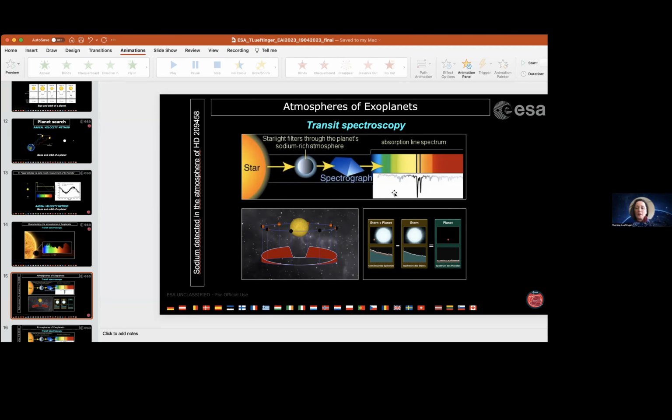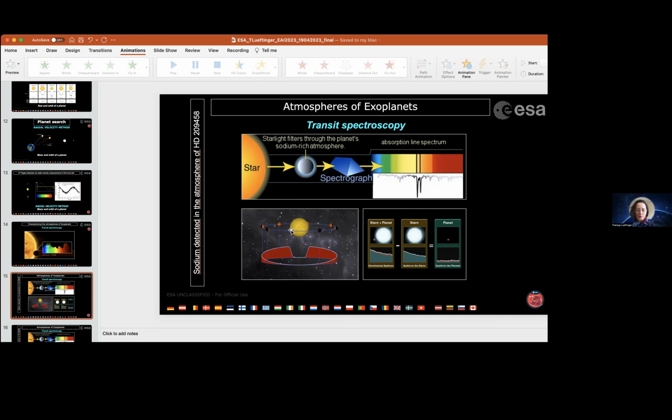And when we measure those lines, we can determine the chemistry of a planetary atmosphere, which elements are present in this atmosphere.